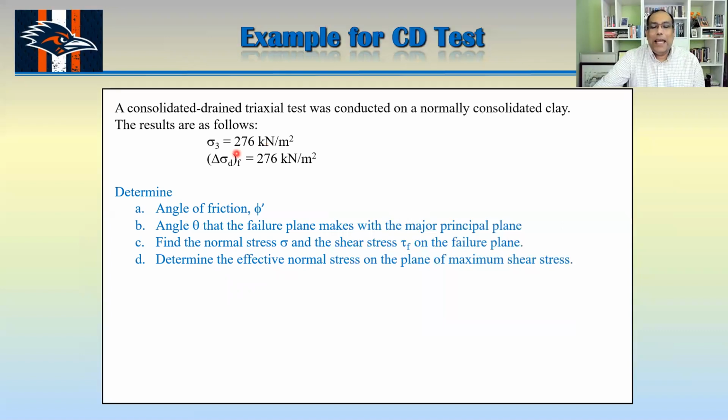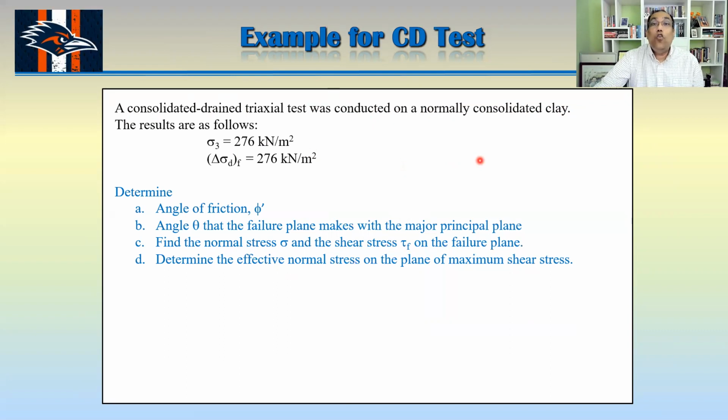Now let's see an example. This one is saying that a consolidated drained triaxial test was conducted on a normally consolidated clay. As soon as they say normally consolidated clay, this implies that your C is equal to 0. Okay. If they say sand or normally consolidated clay, then basically your C is equal to 0.